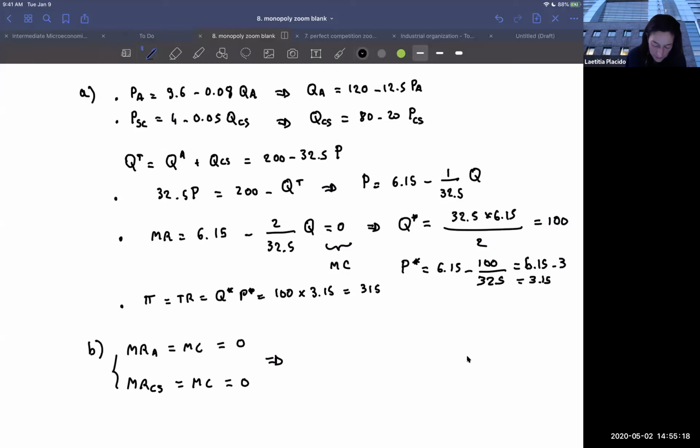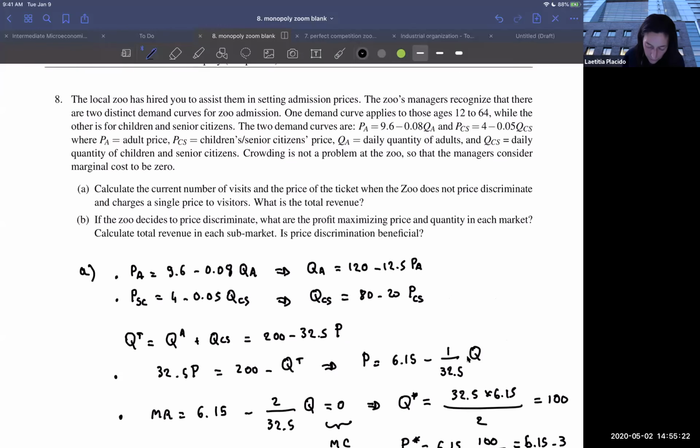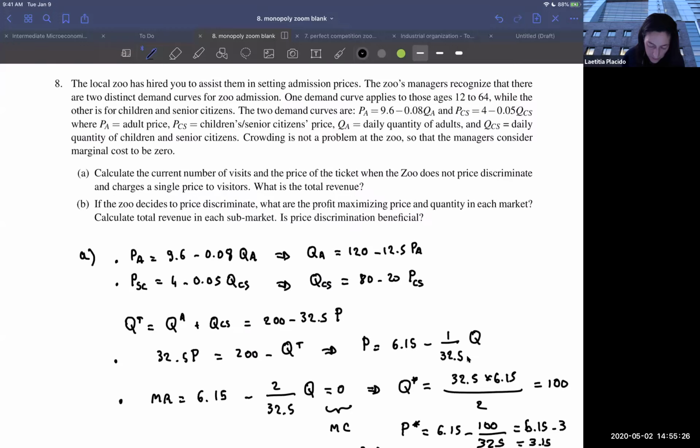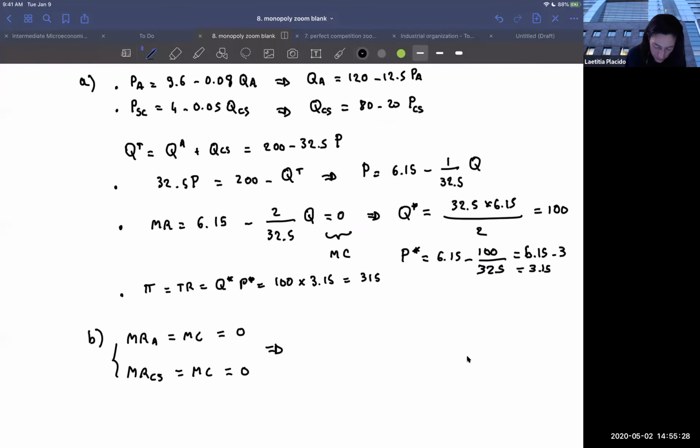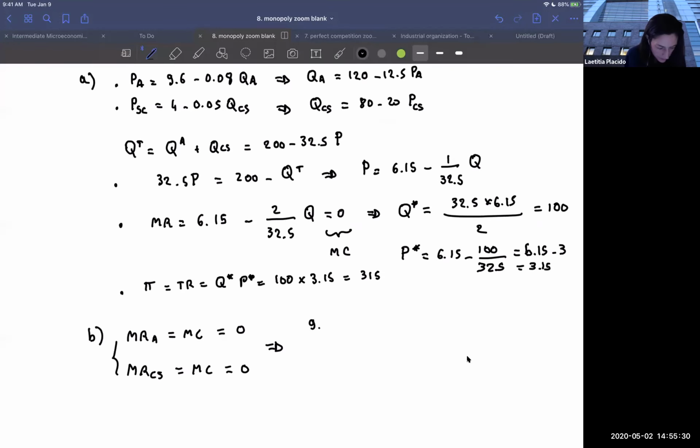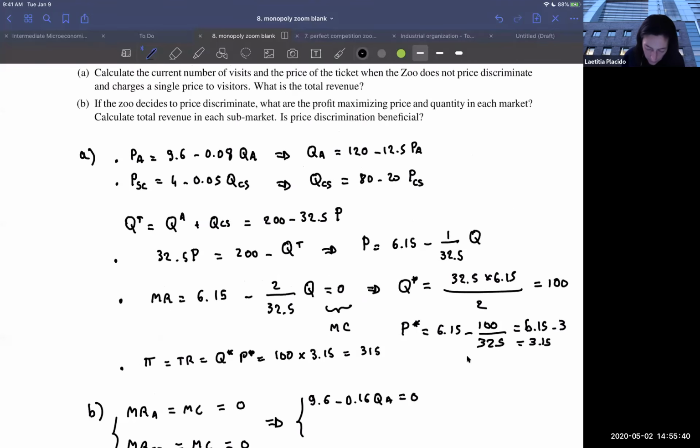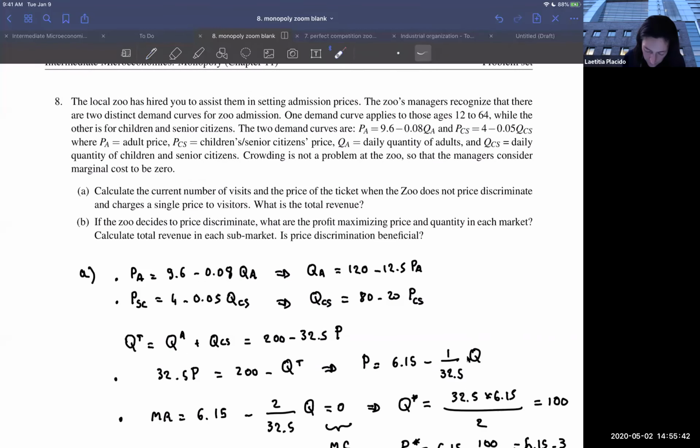Now let's get marginal revenue for the adult group. So it's 9.6 minus 0.16 QA equals 0. And the marginal revenue for the other group is 4 minus 0.1 Q.